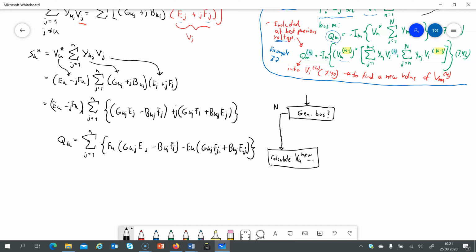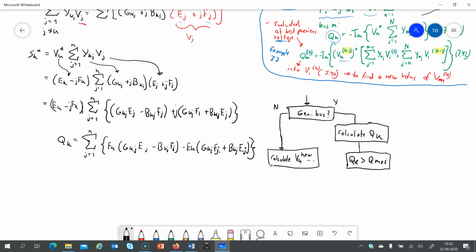But if we get a yes, we need to check something. We need to calculate Q_K, and then evaluate whether Q_K is larger than Q max, because the generator has a maximum.